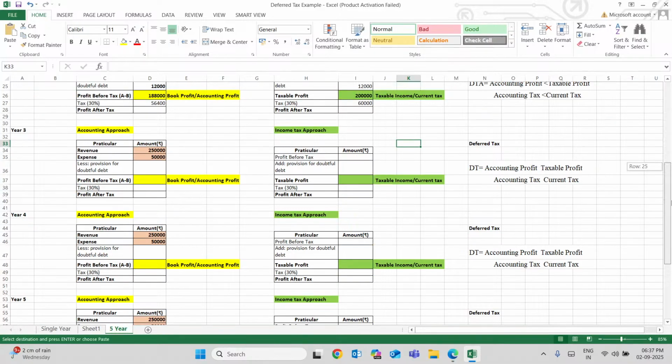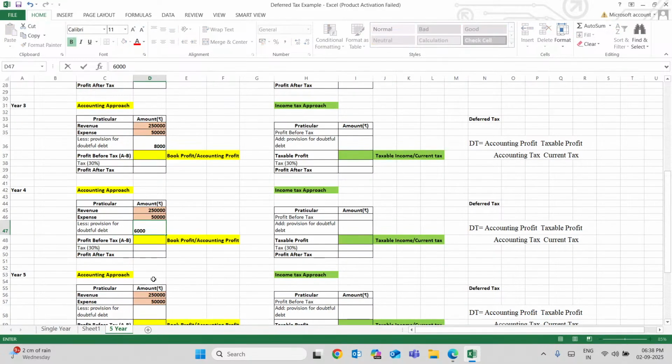We'll put all the values: 8,000, 6,000 and 4,000. Here we will add it back, so we are going to put the same value and 4,000. So let's continue.